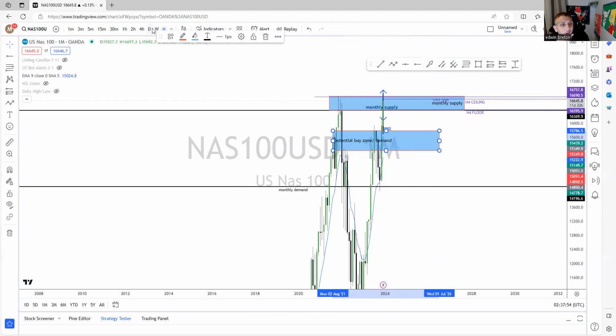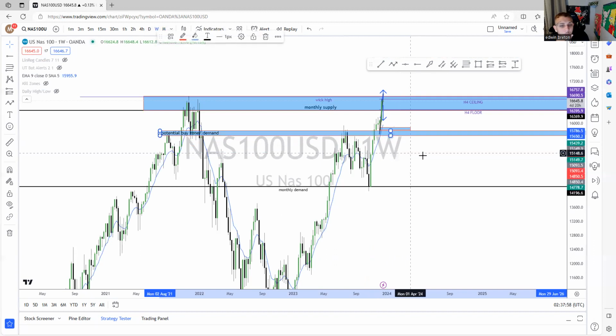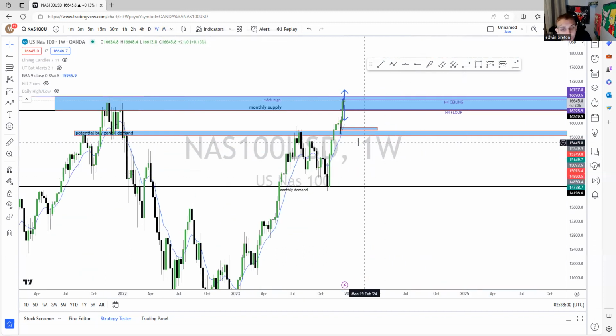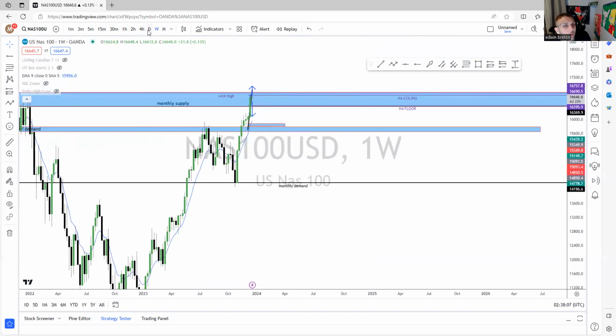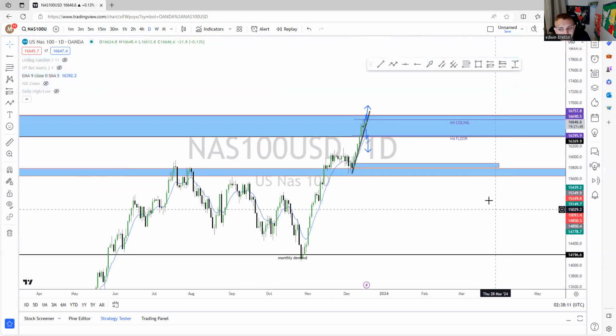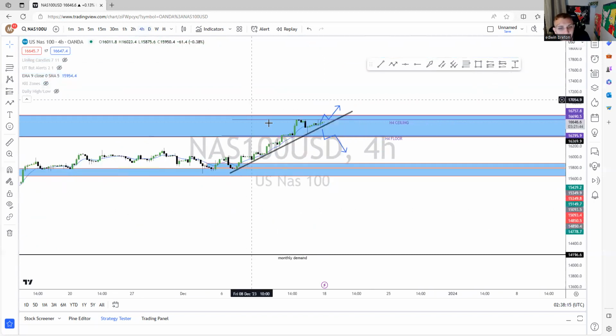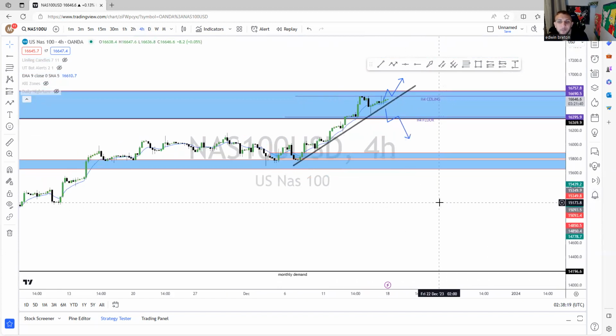Back here. Oh, beautiful. Okay, cool. So we do have our weekly level there, potential buy zone on the weekly time frame. We do have our order block coming in from the daily time frame. And then we have our 4-hour ceiling and floor levels, or last higher high and last higher low. And then we also have a trend line following that.